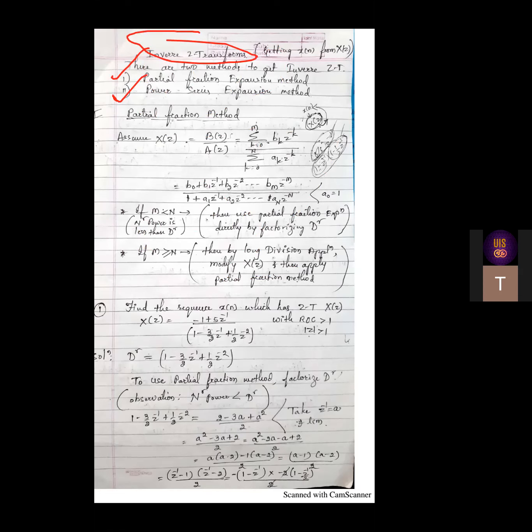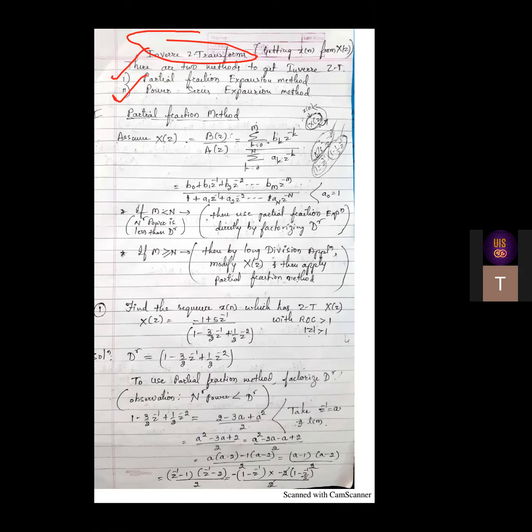We will see how the concept of partial fractions is used here to find the original sequence x of n. And the second method is power series expansion. As the name suggests, it is a series like cos, sine, log, something exponential. So for such kinds of series, how to get the inverse Z transform. First, let us deal with the partial fraction method.